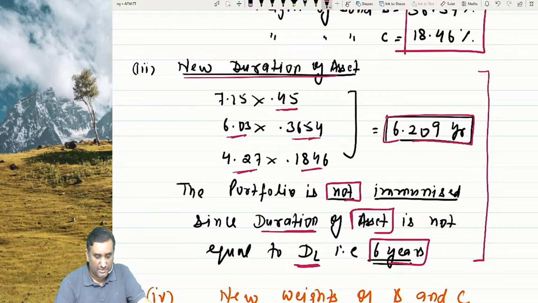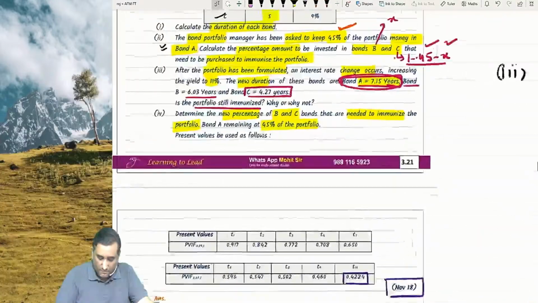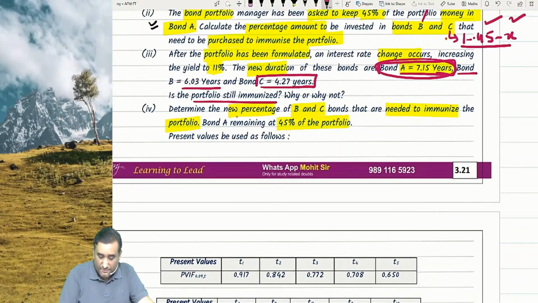Try the fourth part quickly. Determine the new percentage of B and C that are needed to immunize the portfolio, with bond A remaining 45% of the portfolio.